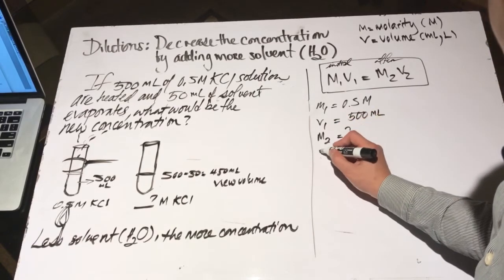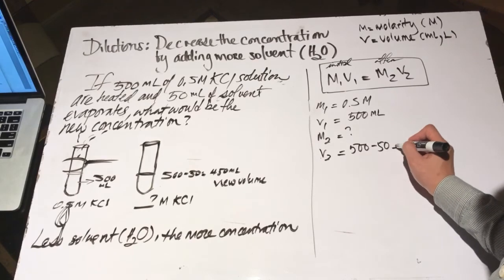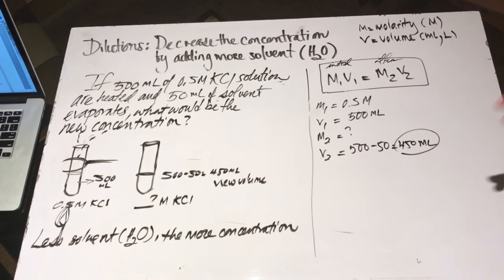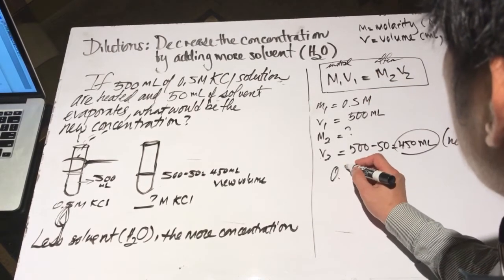M2 you don't know. Volume 2 is 500 minus 50, and that's 450. You only use this one because that's the new volume after it's been evaporated. So plug in the equation.